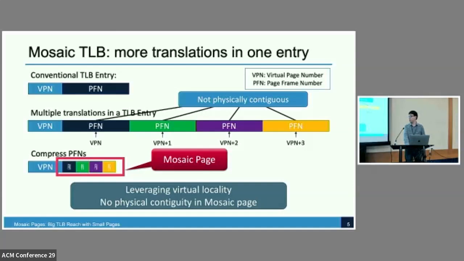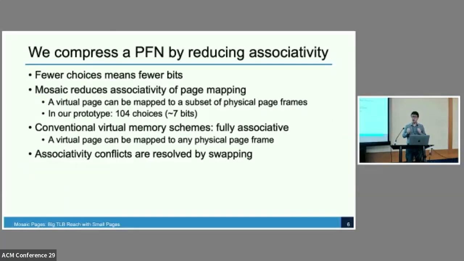Then, how do we compress the PFN? We compress the PFN by reducing associativity. Fewer choices means fewer bits. Mosaic reduces the associativity of page mapping, which means a virtual page can be mapped to only a subset of physical page frames.